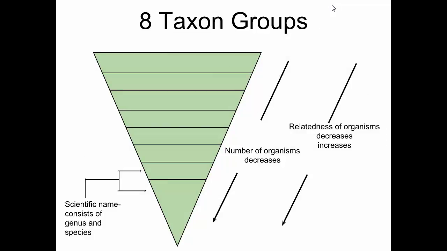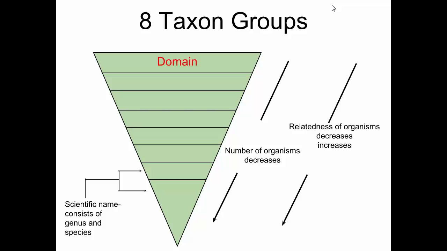So when we classify things and put them into groups, we have a whole series of levels of classification that we use. We just talked earlier about kingdom. That's one of the higher levels of classification. But there's others, and you're going to have to remember them. So the very top level of classification is called domain.